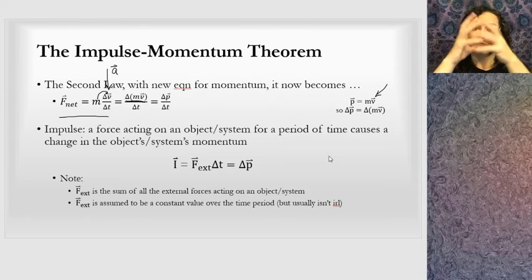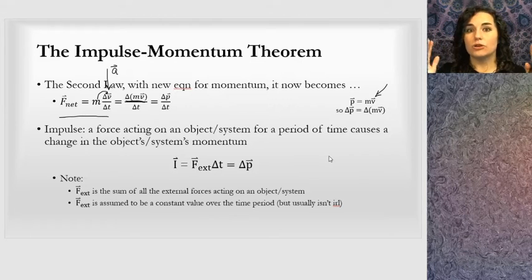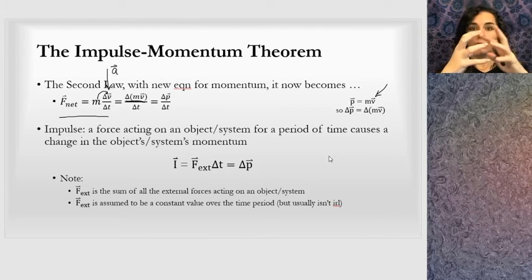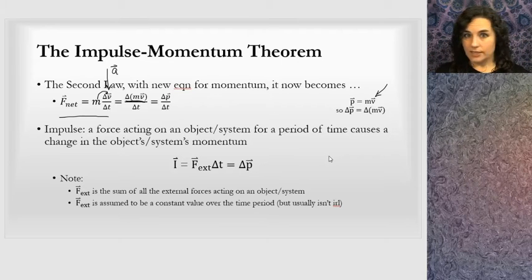Remember, if we have multiple objects, there may be Newton's third law pair forces going on between them, but those are internal forces for the system. What we really care about is anything from the outside on multiple objects. Often that's not the case, or we can quantify it. So we need to watch out. What's the external force on the system?